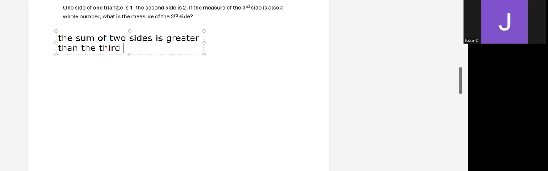That is, the sum of two sides is always greater than the third side. That's always the case.